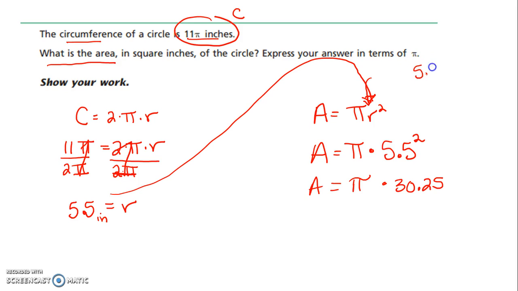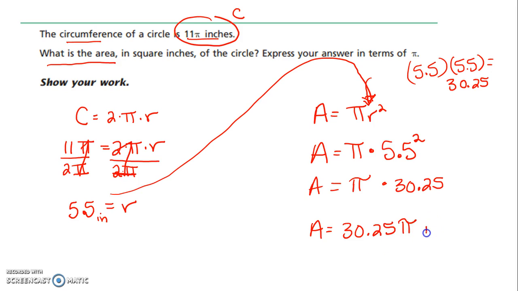When I take 5.5 times 5.5, I came up with 30.25. They want our final answer left in terms of pi. I could leave it this way, or I usually put my rational number first, 30.25, and then my irrational pi second. And that would be in inches squared. That would be your final answer for that one.